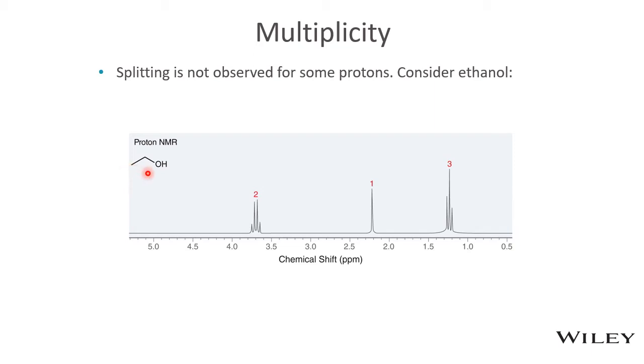So alcohols typically do not show splitting with their peaks. So for instance, this H, the signal appears here. You can see it appears as a singlet. Now that doesn't mean that the hydrogen doesn't have any neighboring hydrogens. It does have two neighbors over here. It just means that it's a special type of proton that does not participate in splitting.